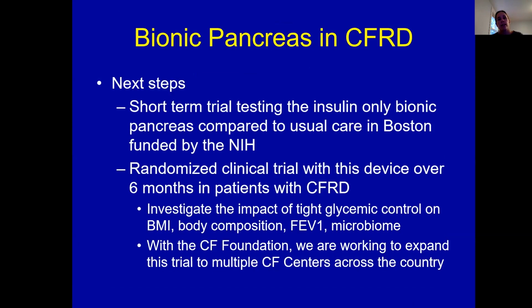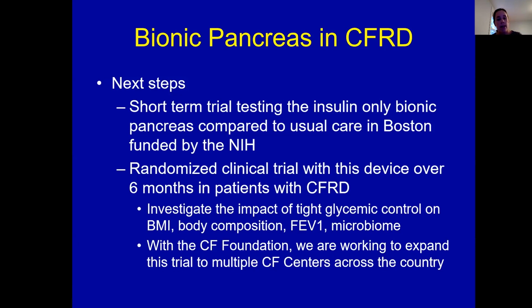And not only will this study give us the opportunity to test the safety and efficacy of this device in patients with CFRD, but this is also going to give us a really unique opportunity to investigate what is the impact of really good glycemic control on other outcomes in CF, on BMI, on body composition, on pulmonary function, on microbiome. So I'm very excited to see what this study will show.